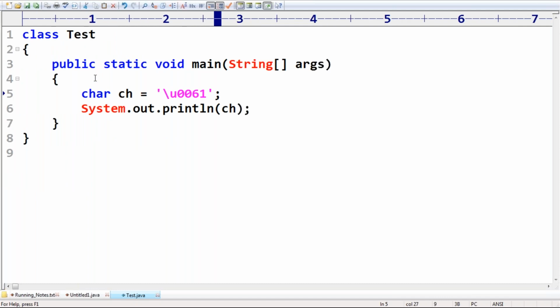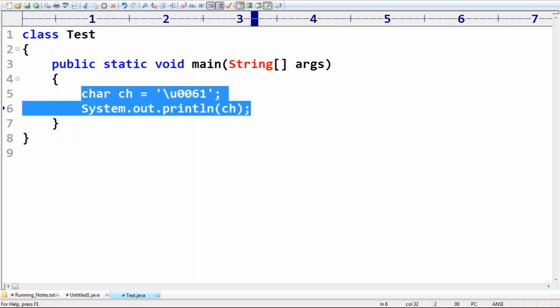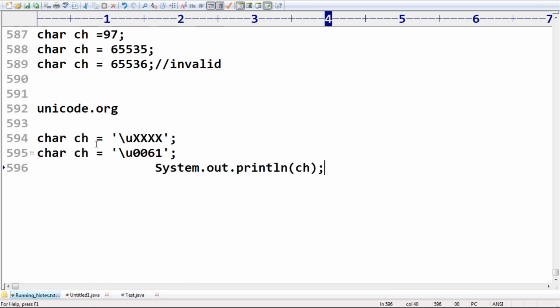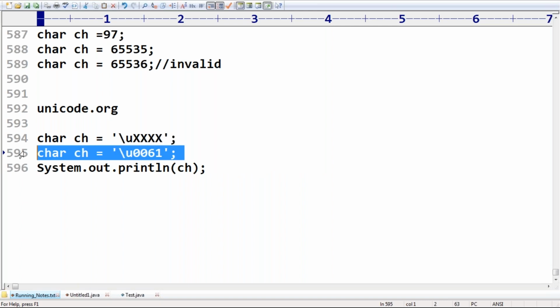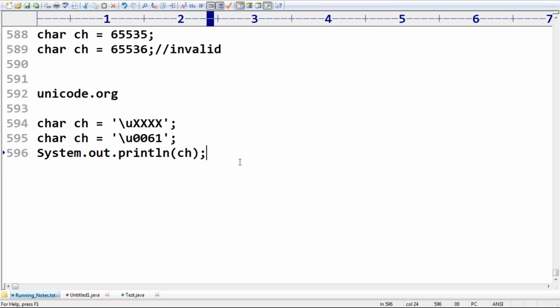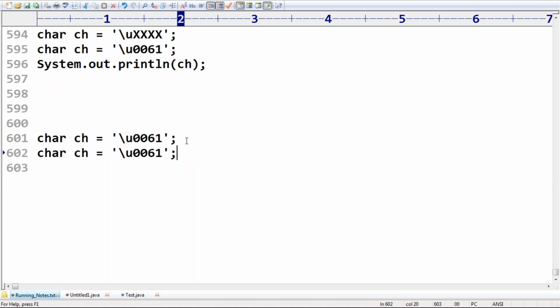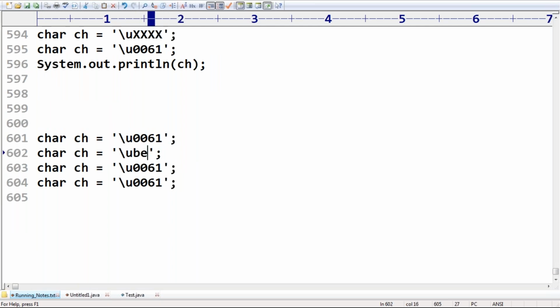If this is the style, make sure here also small bits are there. See this one. There is a chance that they will ask, can you please spell out which of the following are valid? They will do small things. What they will do is \u followed by BEEF.